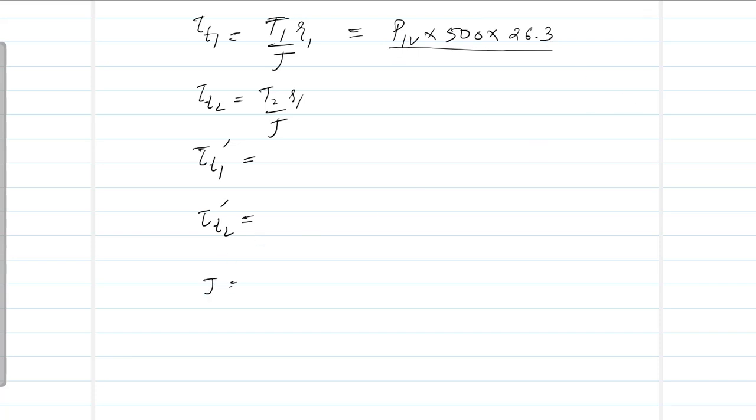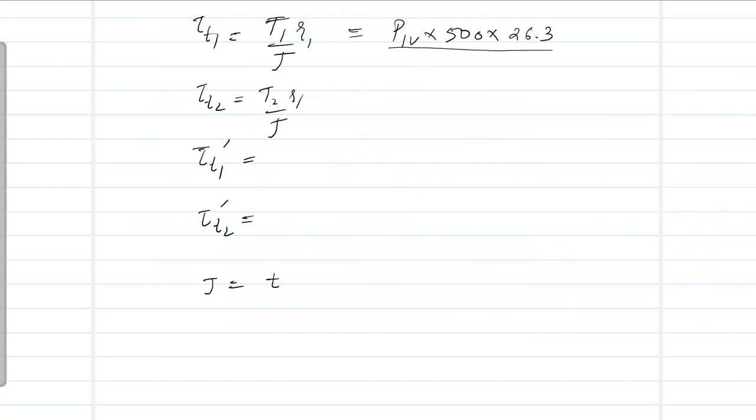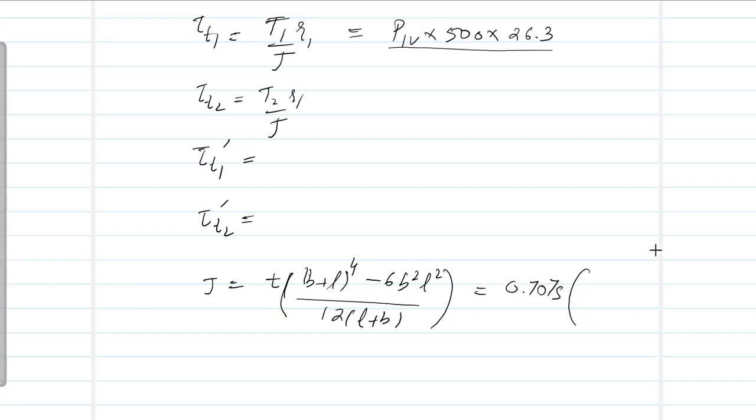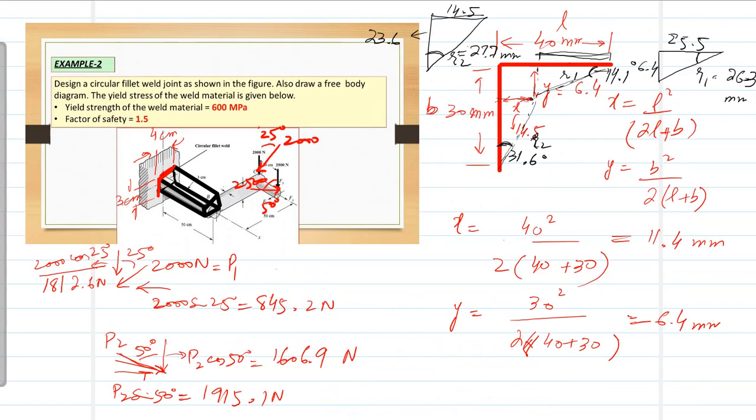So J is equals to T into B plus L power 4 minus 6B square L square divided by 12 into L plus B. And B is 30, just in case you get a fault in it.